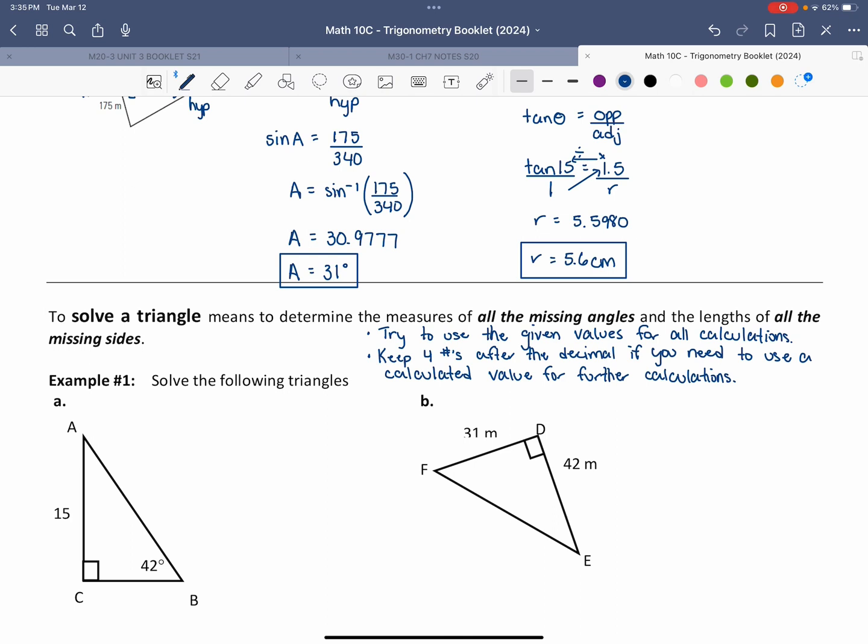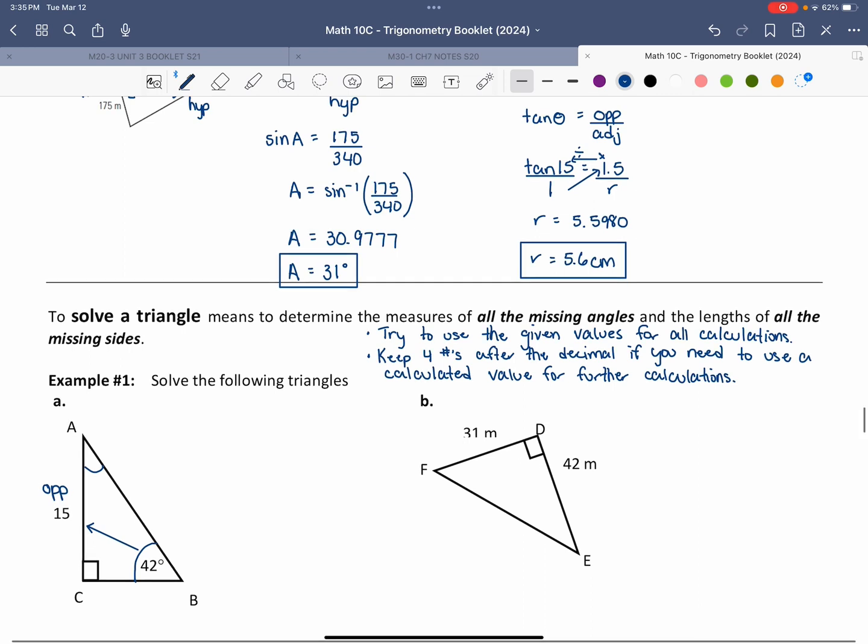We are given angle B, it's 42 degrees, and we are given side B, which is 15. So based on angle 42, side B is the opposite. I need to find the other two sides and the one missing angle. So the angle's pretty easy because I know two angles already, and I know that the three angles in any triangle have to add to 180.